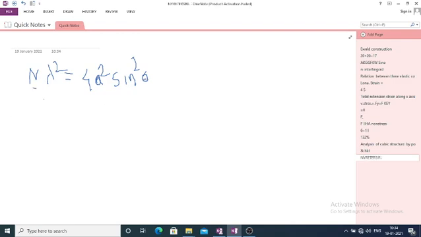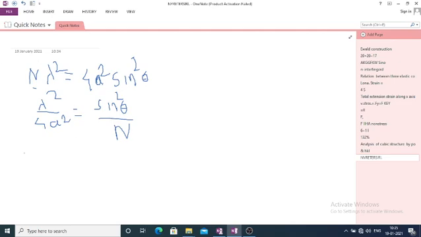So from this equation we can write lambda square upon 4a square is equal to sine square theta divided by n. Lambda is the wavelength of the X-ray, so it will be constant; the wavelength of the given X-ray does not vary.